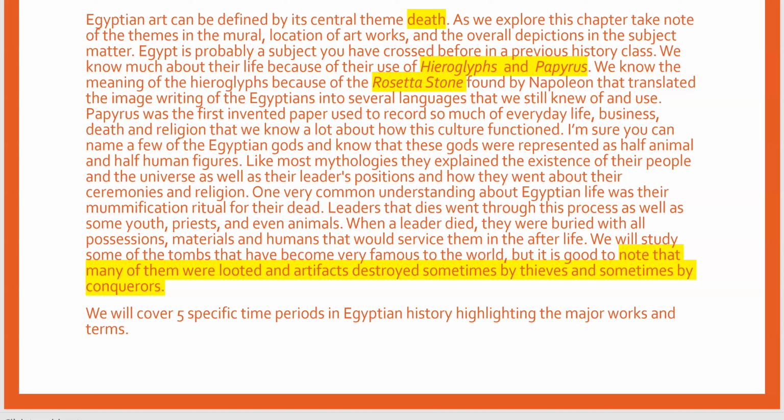That did happen. They would then pack the body with salts and oils, and it would be wrapped again and again in these linens that were made. And then within that, they were usually placed within a series of sarcophagi.